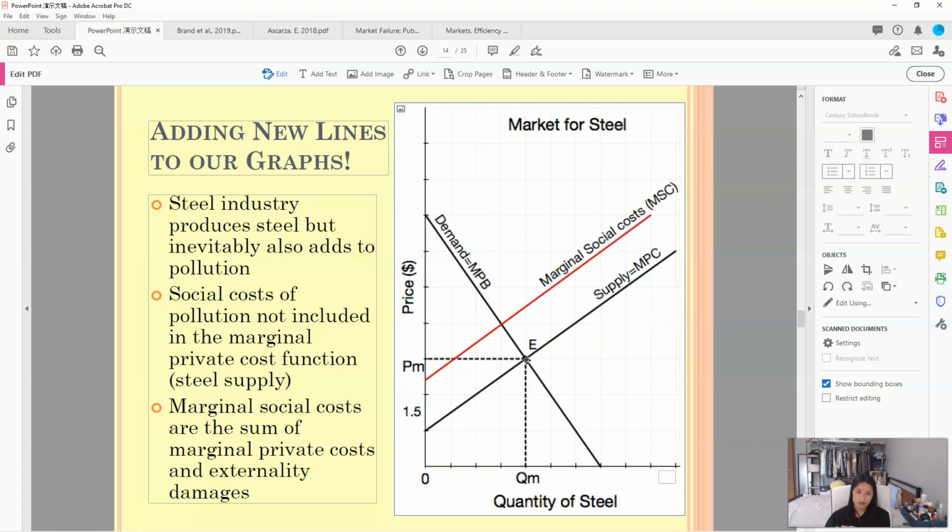That is, the market's efficiency or the market's optimal level is not the social optimal level.